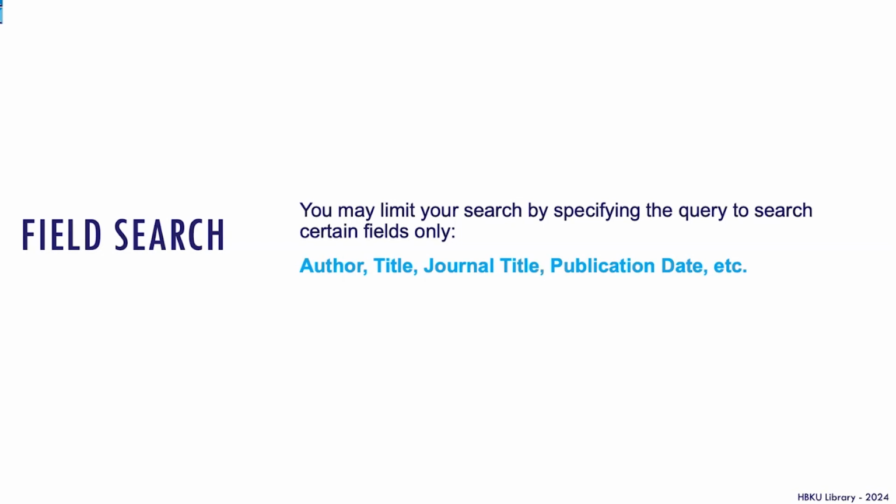Or you can search by publication date, by DOI sometimes, by journal title, or abstract. If you're interested in a certain word and want to look for articles that mention a certain keyword in the abstract, you can also search in the abstract field. All of these field searches can be done through the advanced search.